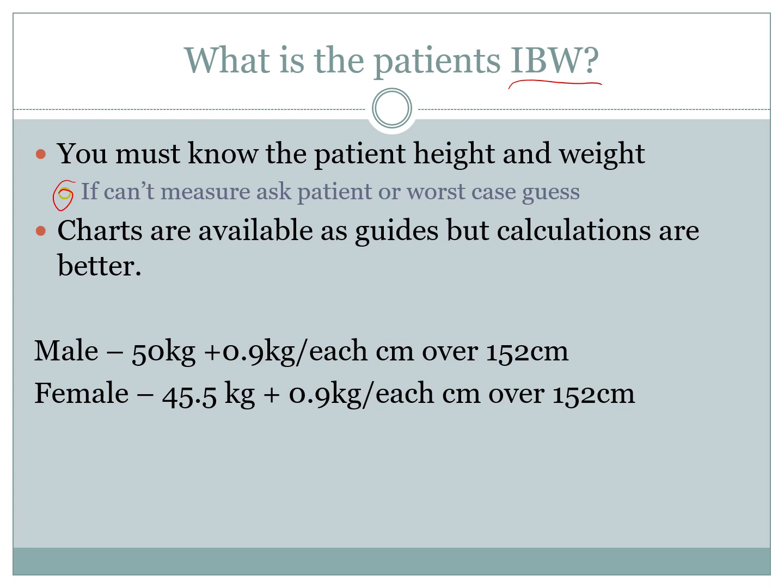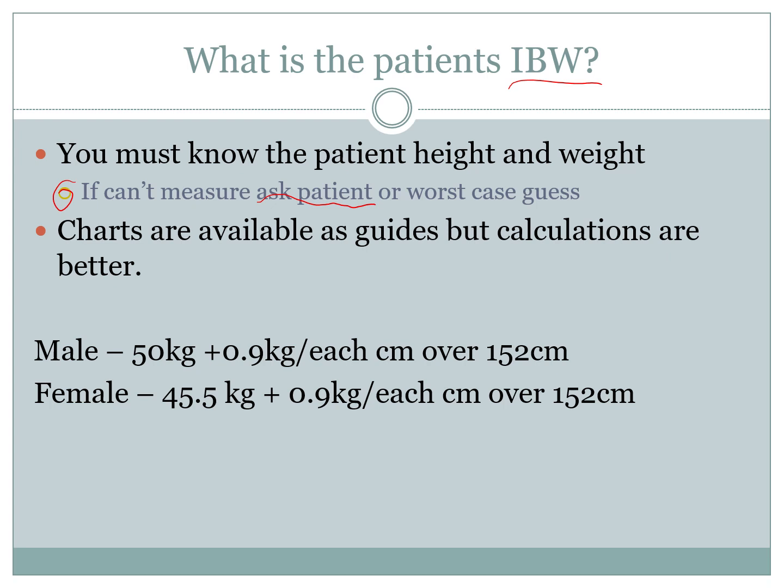Most people have a general idea of how much they weigh, and worst case scenario is you guess, and if you have to guess, then you need to mention that to the medical officers before we're getting our permission to give gentamicin, because it may actually be decided to hold off gentamicin before we get to a facility that they can measure more accurately. Okay, but if you're guessing and they allow you to guess, always go a little bit lenient on the lighter end. Always make someone a little bit lighter than they actually are.